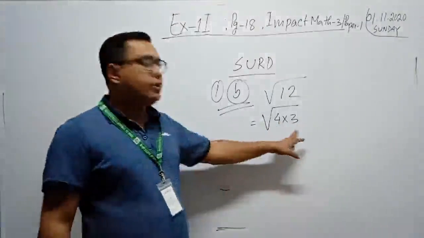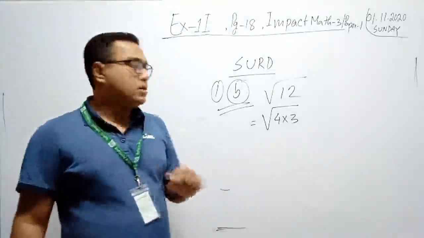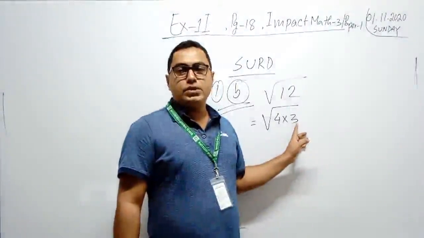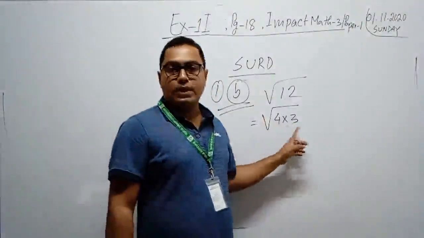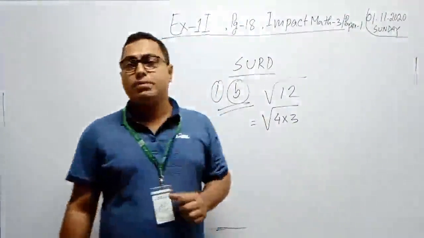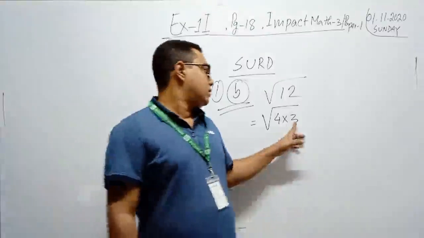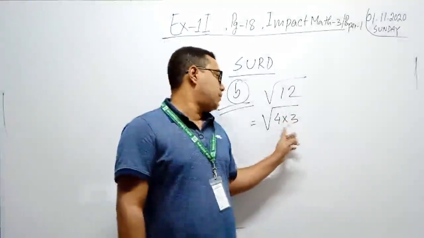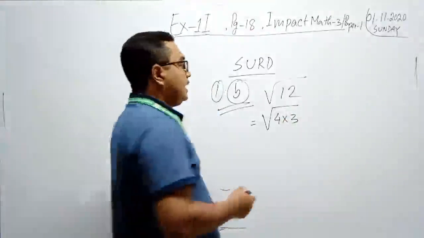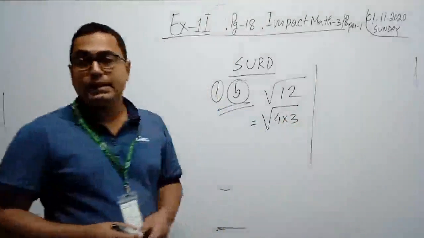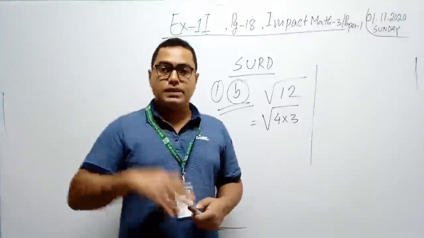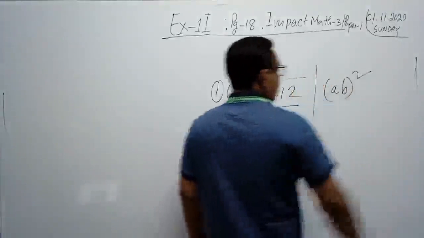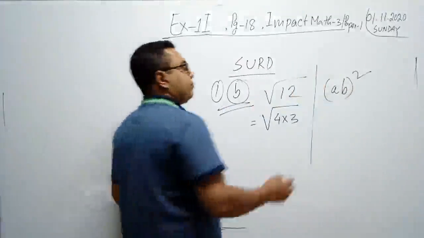So why did I write it here? Because we want a factor of which, if you apply the square root, will give you whole numbers. So 12 by 3, we get 4. So 4 multiplied by 3 is 12. And when we discussed index in our first monthly, look, we discussed this type of rule.